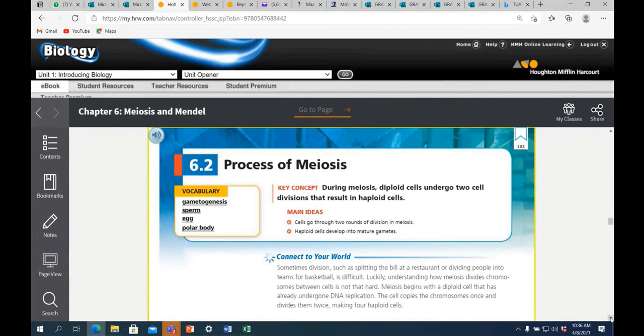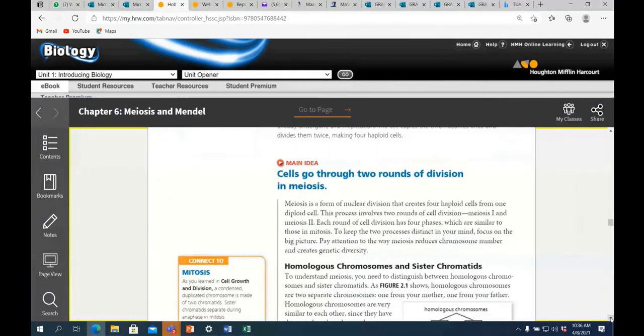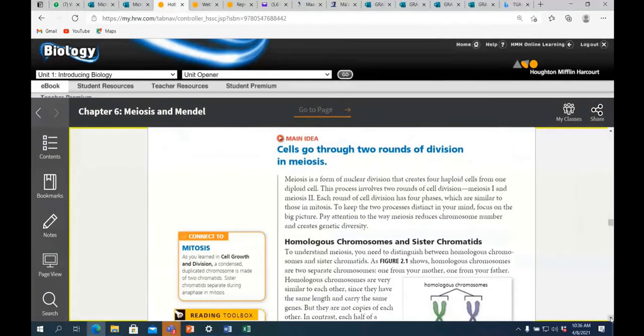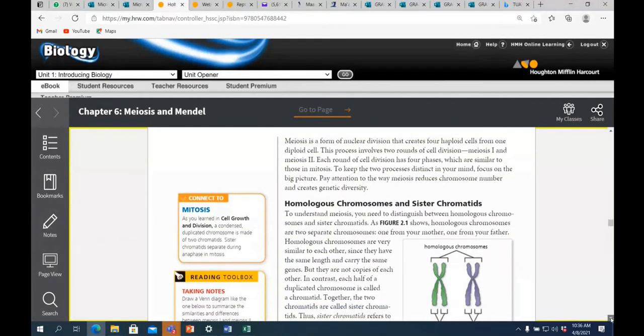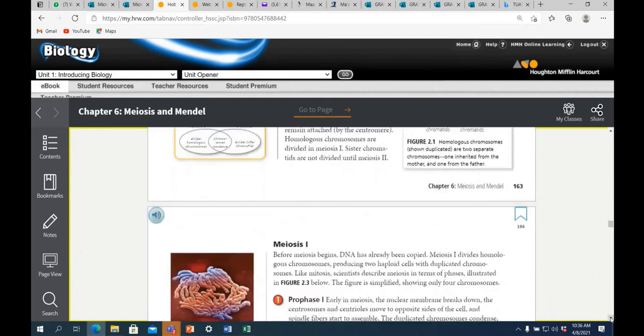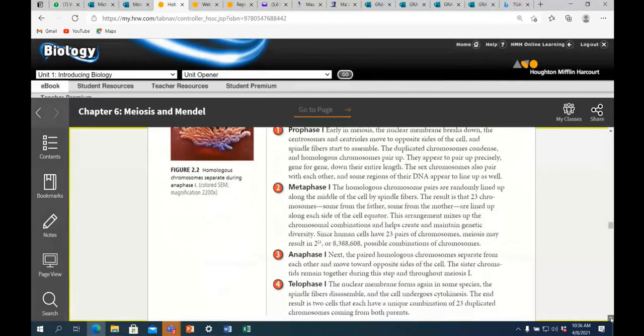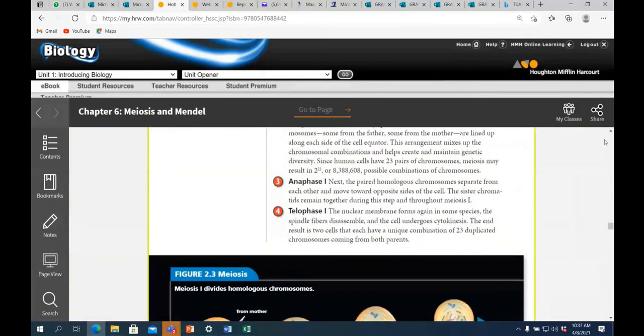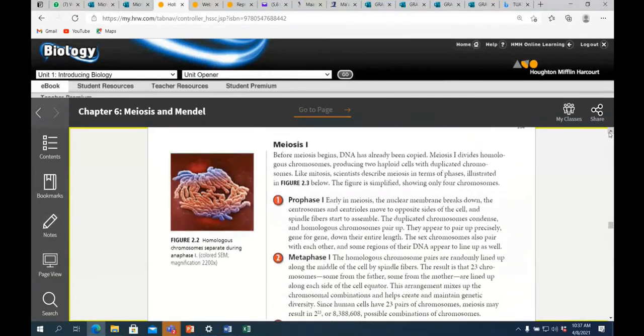All right. So yesterday we were discussing how the cells go through two rounds of division in meiosis. Can someone tell me what are the four stages of those two rounds? What are the four stages which happen in Meiosis I?